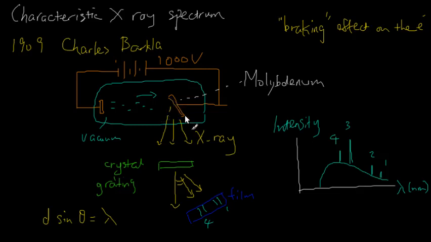So the repulsion or the presence of the electrons in this metal will have a braking effect, in the sense that it would cause these incoming electrons to slow down.